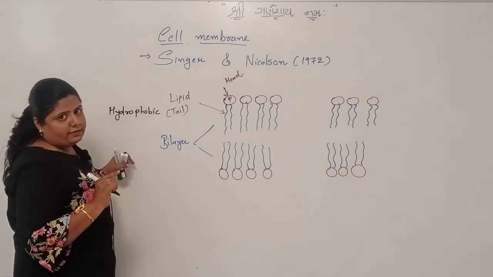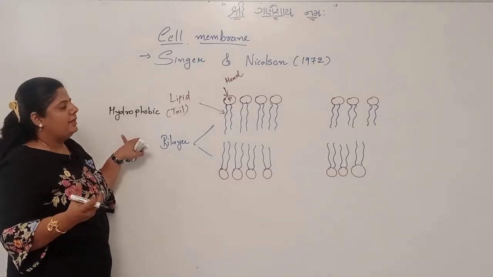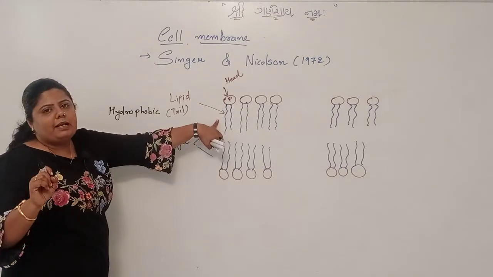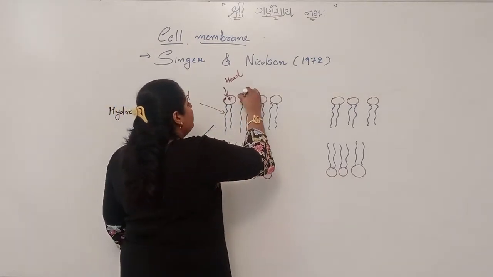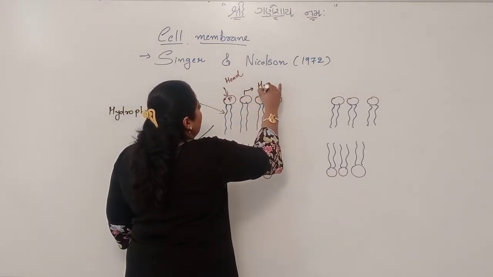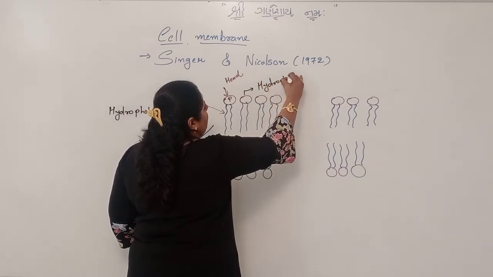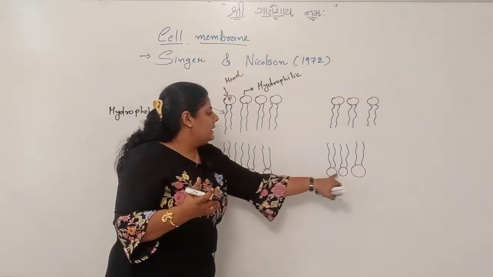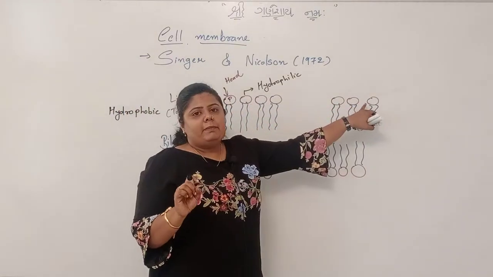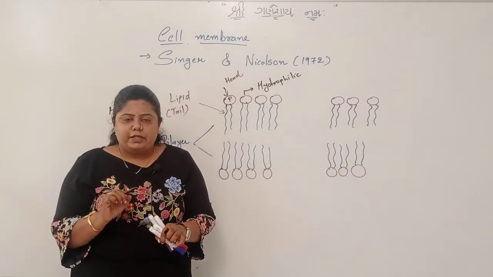Phobic means hater and hydro means water. This portion of the cell membrane is water hating, and the head portion is called hydrophilic. Philic means lover, water lover. Only this part of the membrane reacts with water.